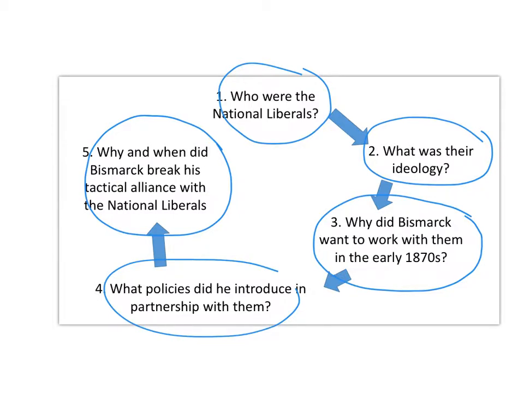So we're covering 10 years of German history here from 1871 to 1879, and you clearly picked up that there's a shift. In the early 1870s Bismarck worked with the National Liberals, and in the second half of the 1870s he broke that friendship with them, so we need to understand why that was.